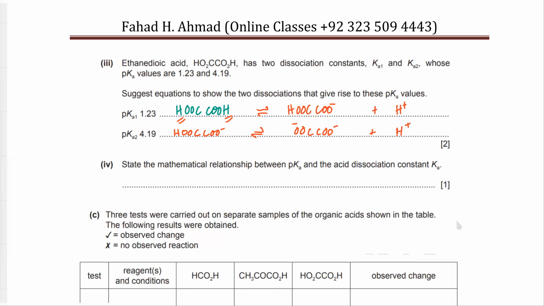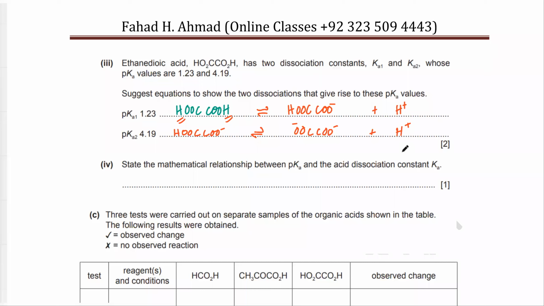I also told you that the second dissociation is always a lot harder, because when you're dissociating for the second time, the ion already has a negative charge, which means it would be attracting H+1 very strongly. It would be very hard for it to lose another H+1 ion. So the first dissociation is always easy. The second one is kind of harder. Is this clear? Do you remember that?